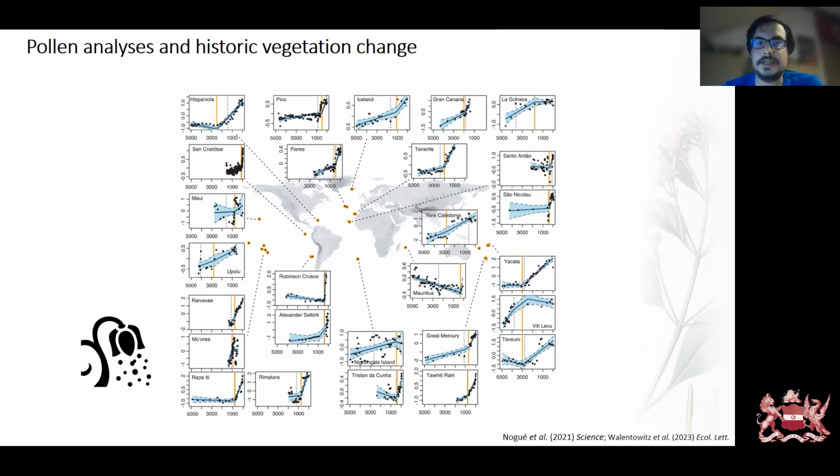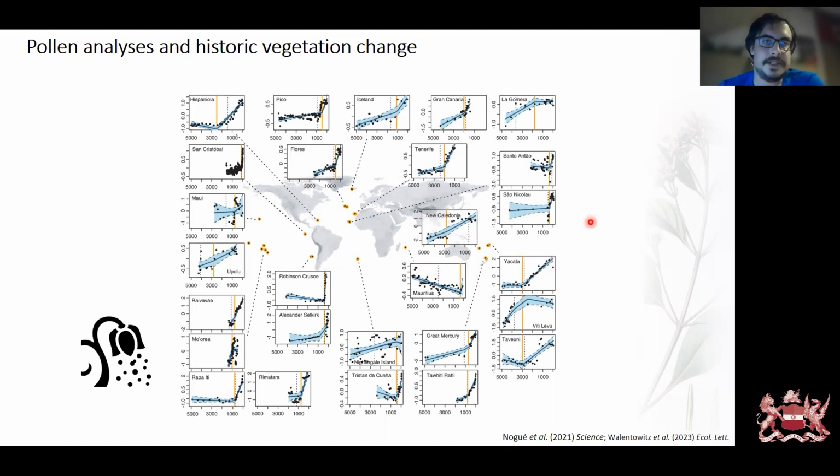What you can see here on the y-axis is the compositional turnover in plant pollen, and on the x-axis the temporal dimension from 5,000 years before today until today. In these horizontal lines, there is very little compositional turnover, and if the line shifts upward, there is quite a lot of compositional turnover in the pollen we find in these sediment cores.